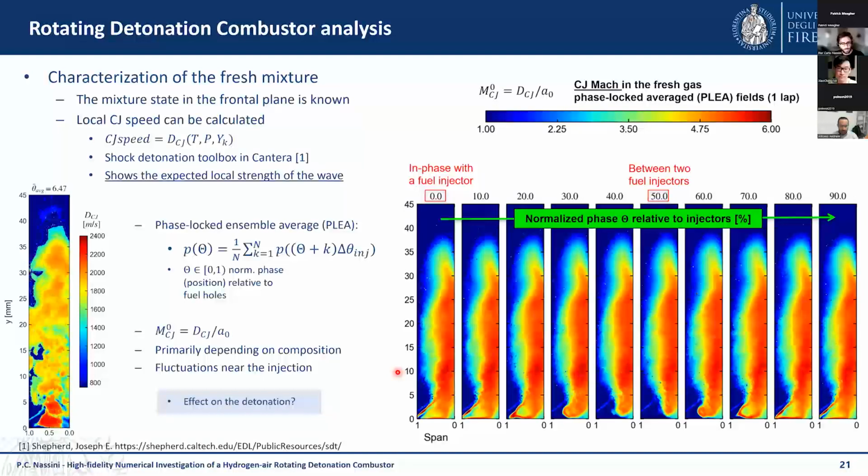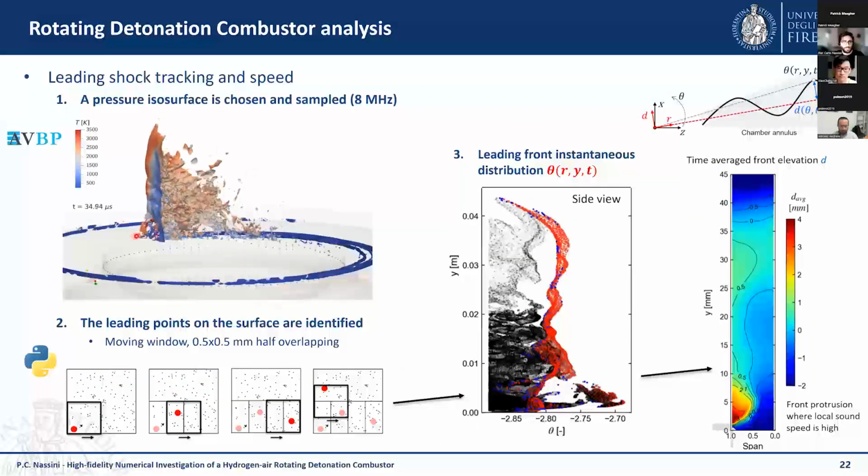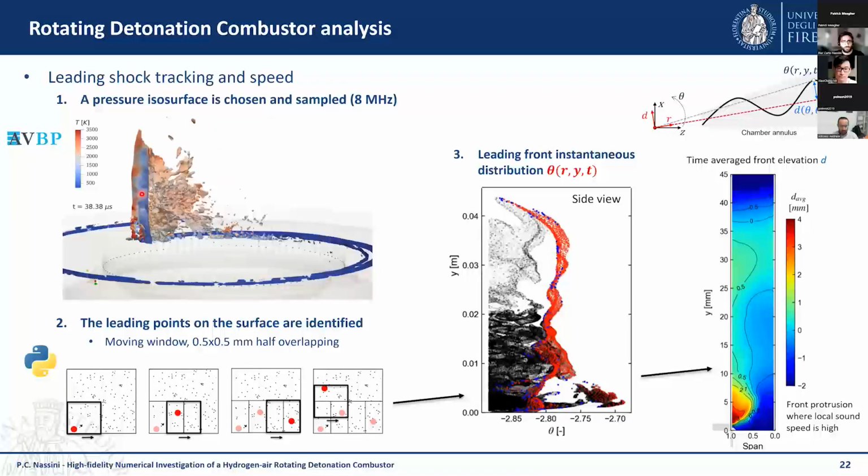And so what we did is develop a strategy for dynamically tracking the detonation front, which is basically based on a selection of a pressure isosurface inside the combustor and sampling this isosurface at 8 megahertz of frequency. We did this directly in AVVP.